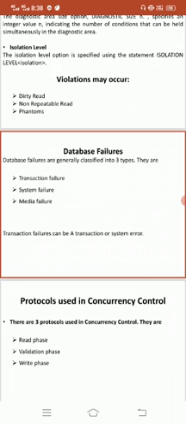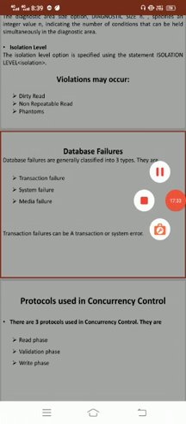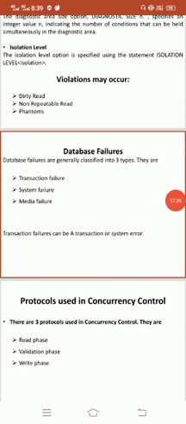So this is the best example for transaction failure. For example, insufficient account balance in a banking database may cause a fund withdrawal transaction to be cancelled. The concurrency control method may decide to abort the transaction or to restart it later.